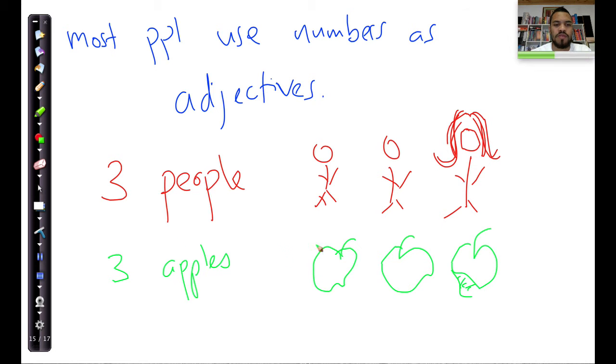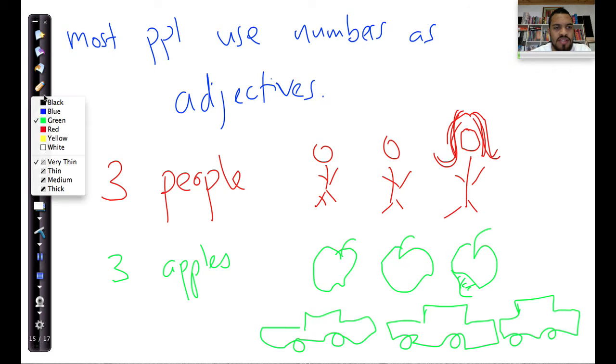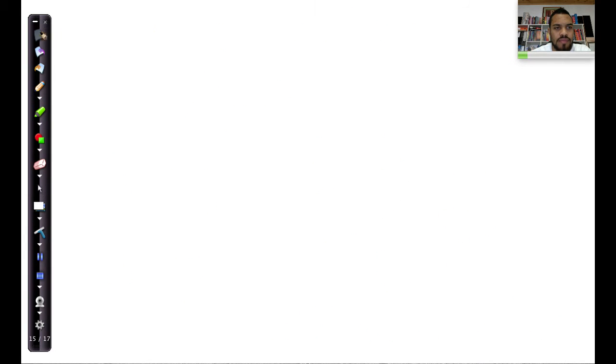So 3 people, 3 apples, or 3 cars, whatever the case may be. Now a number is being used as an adjective. Okay, there we go. 3 apples, 3 people, 3 cars. Right, now I want you to think about something. Here's a quick question. Have you ever seen threeness?